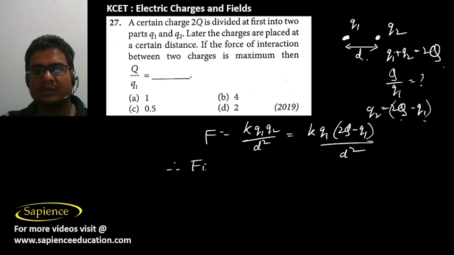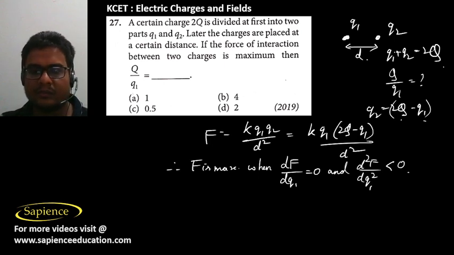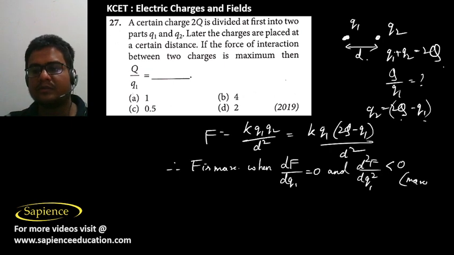For F to be maximum, df by dq1 should be 0 and d square f by dq1 square should be less than 0. Here we are using the maxima.